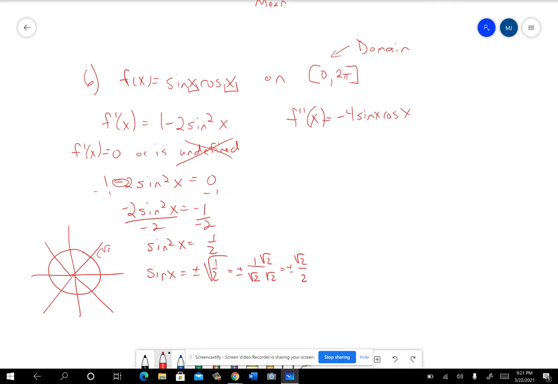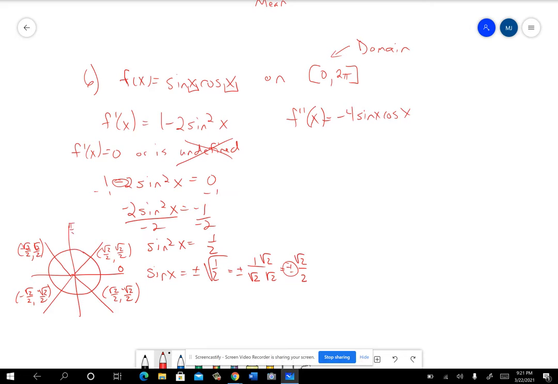Here it would be positive. Here you'd go to the left, but that would be cosine, and then up, which would be positive. Here you would go to the left and then down. And then over here, it would be to the right and then down.